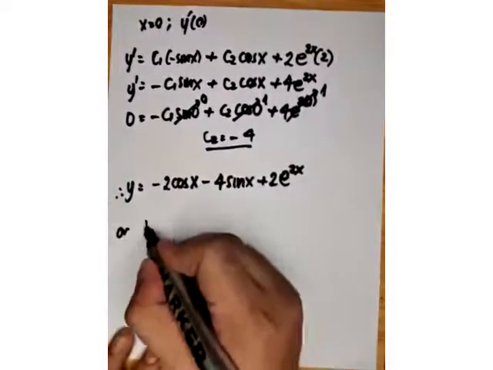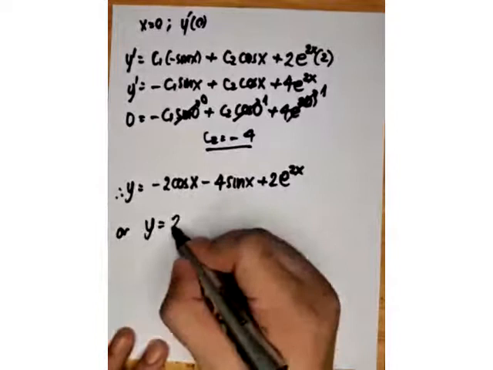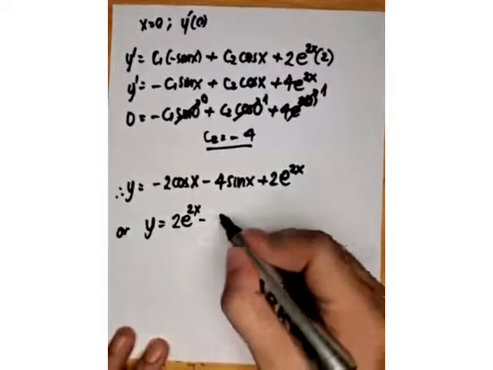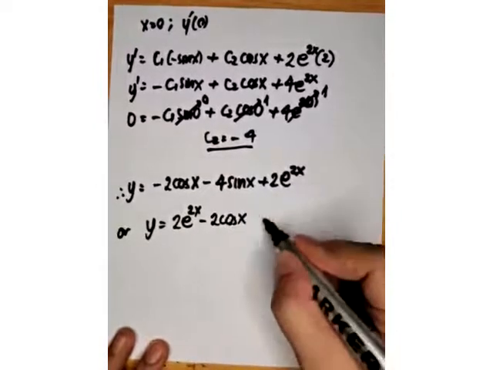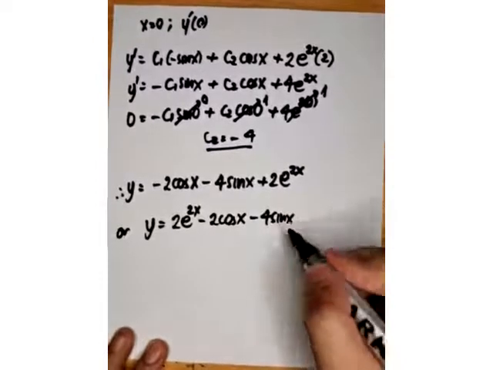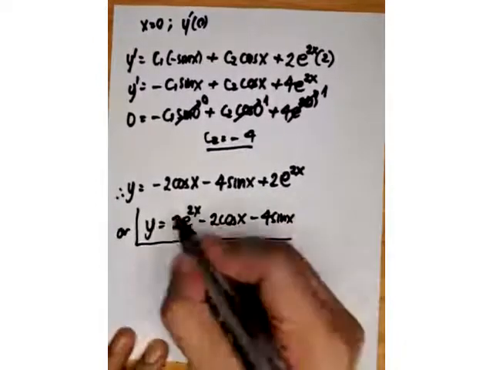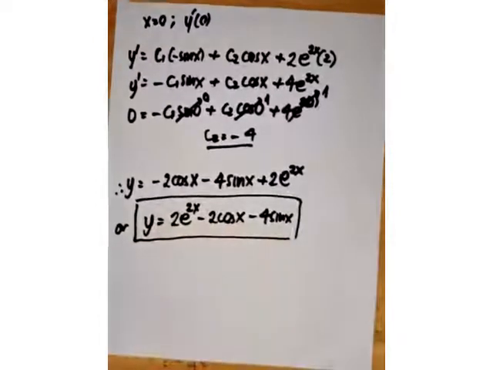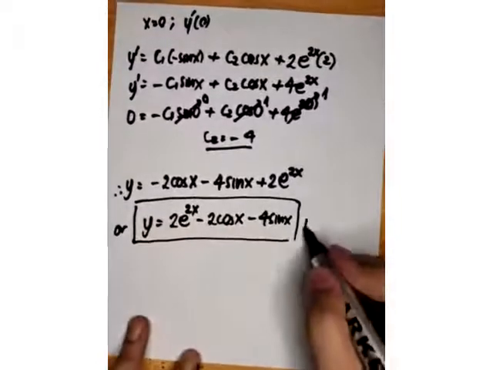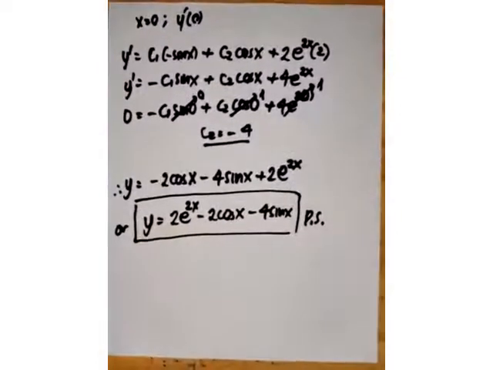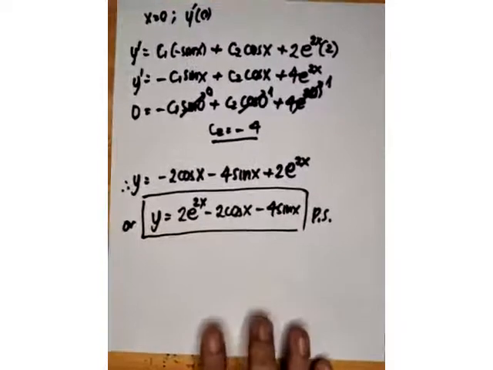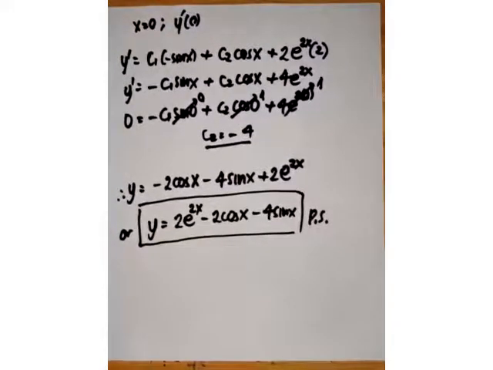Or we can rewrite it as 2e raised to 2x minus 2 cosine x minus 4 sine x. Okay, so this is our particular solution.